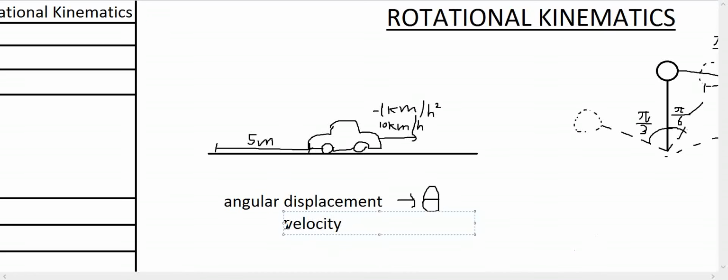Angular velocity is represented using the Greek letter omega, which kind of looks like a W, but it's curved down here.